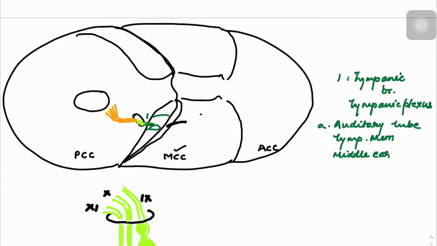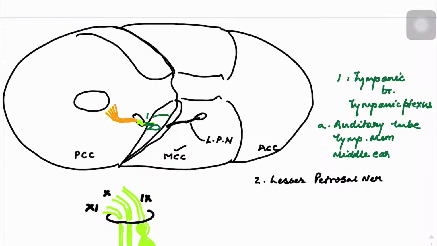It reaches a foramen which is oval in shape, called the foramen oval. So it passes next to the foramen oval and then passes into it. This nerve is called the lesser petrosal nerve. So I'll write down the second one, which is called as the lesser petrosal nerve.